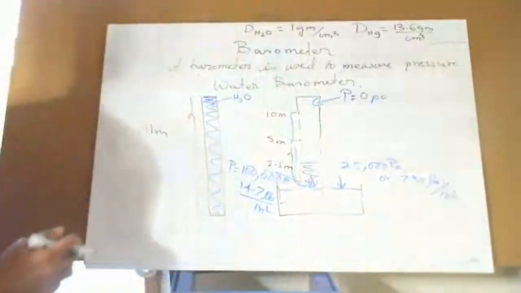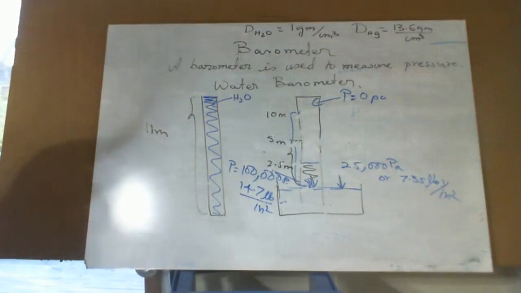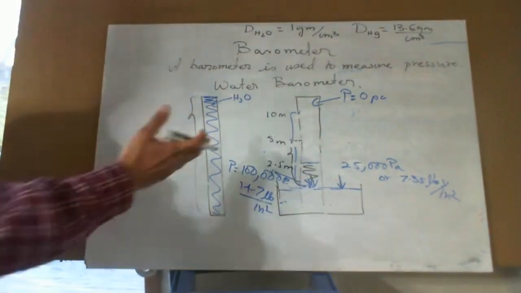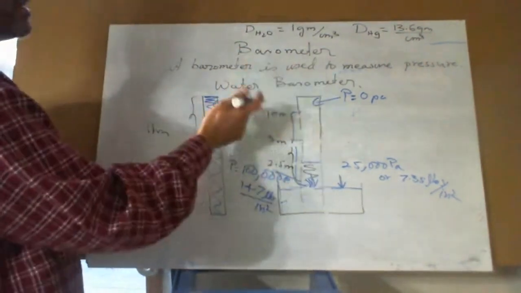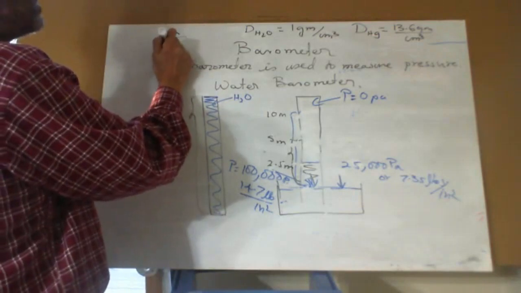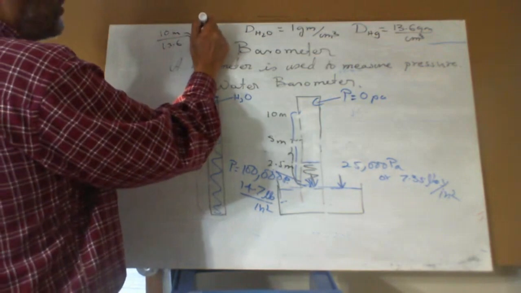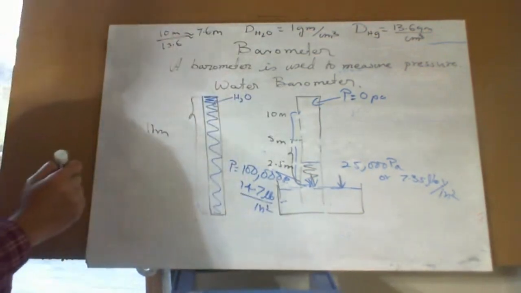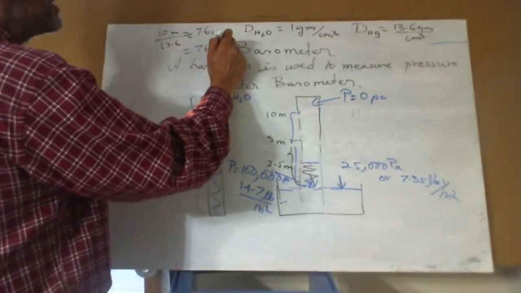It's 13.6 times more massive, has more mass, and hence more weight than water. So I'll need 13.6 times less. So instead of using 10 meters, if I divide 10 meters by 13.6, this will give you approximately 7.6 meters, which in millimeters is 760 millimeters.